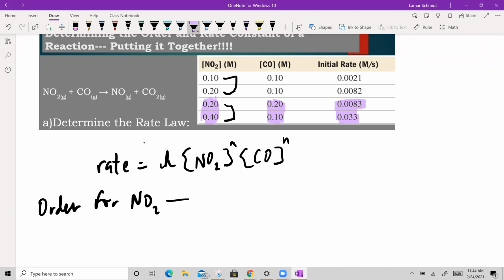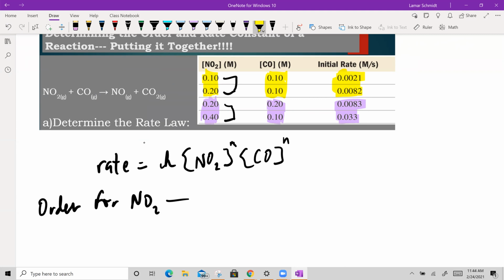Do you see that? So we can't use that point because it will not work. But if we look here, this stays the same, and the only change that is made is to NO2. So the rate change here is only as a result of NO2.